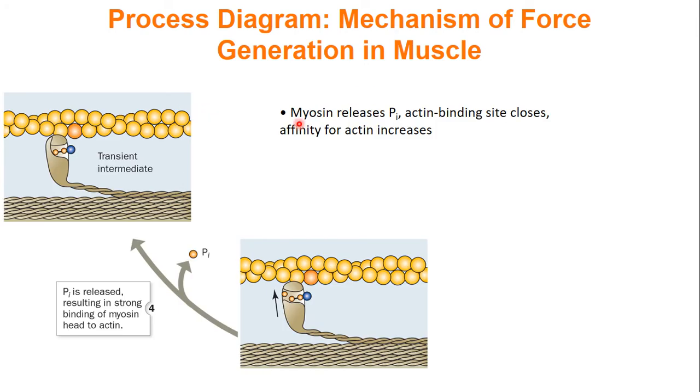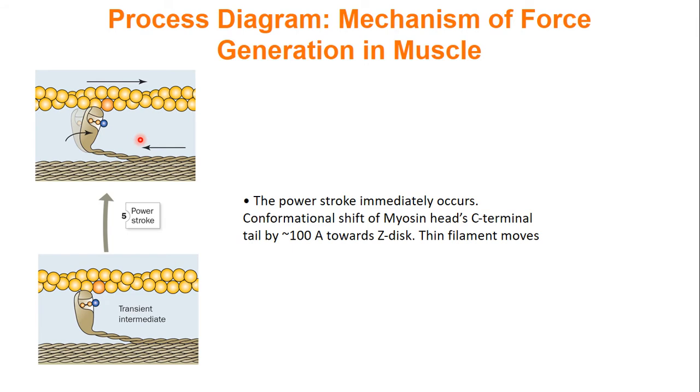So after myosin binds, it will release the inorganic phosphate, but it'll still have ADP bound. And the affinity for actin will increase until now it's binding actin even stronger. Then once that inorganic phosphate is released, immediately what happens is the power stroke.